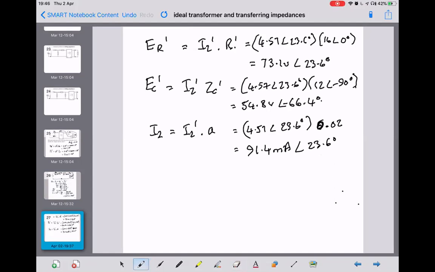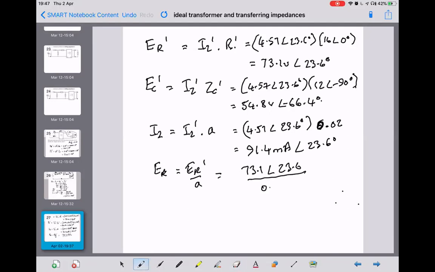Right. And then ER is equal to ER dash over A. ER dash is 73.1, angle 23.6.